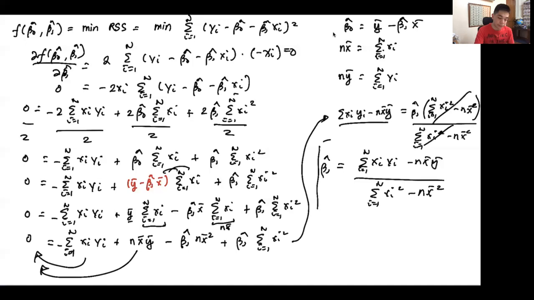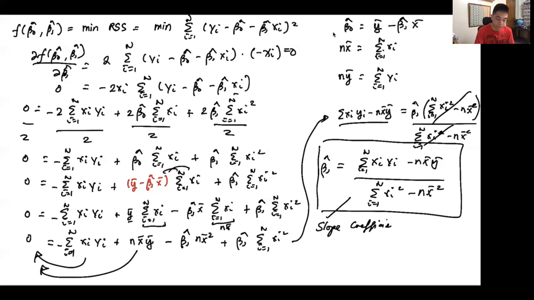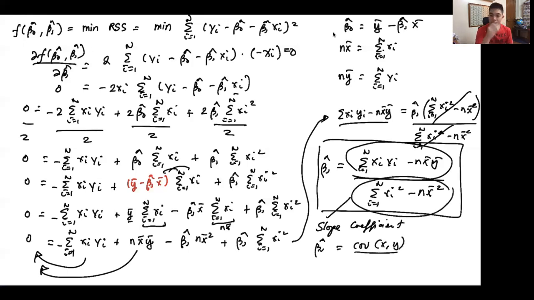And this is the derivation of your slope coefficient term. And if you recall your elementary statistics, the numerator is actually equal to the covariance of x and y. And the denominator is exactly the variance of x. Right? So that's what we have there.